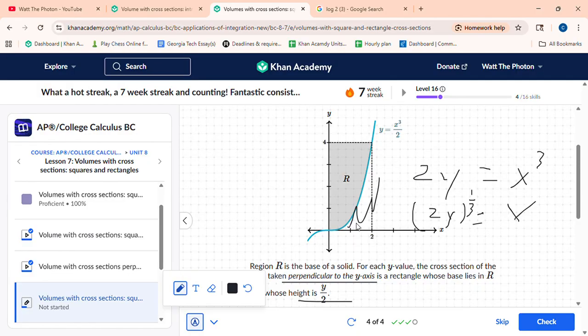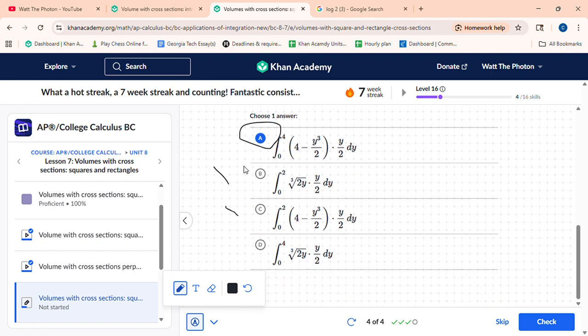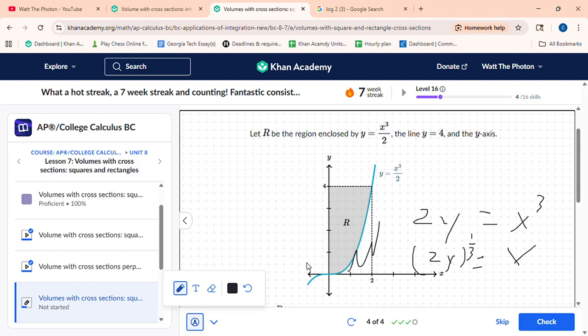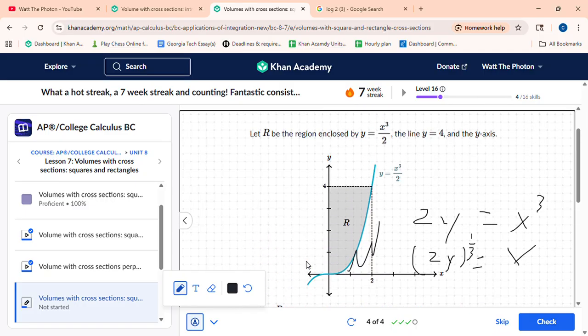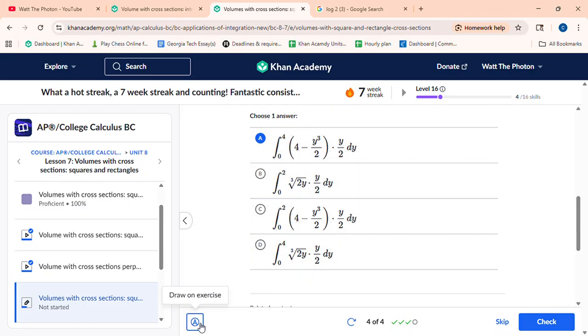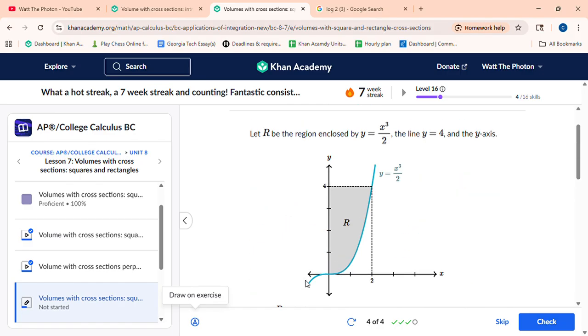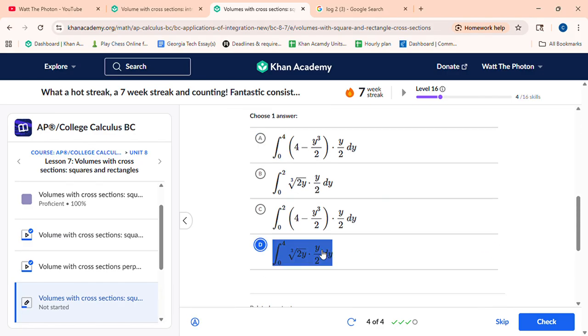No, the intervals are from y. F of y, so it has to be from y. So it definitely can't be B or C. D, is it D just because?